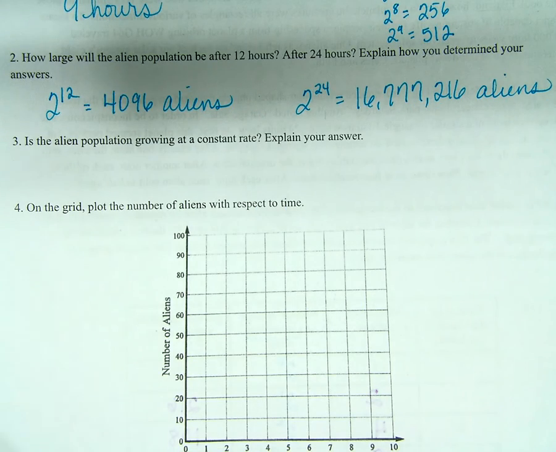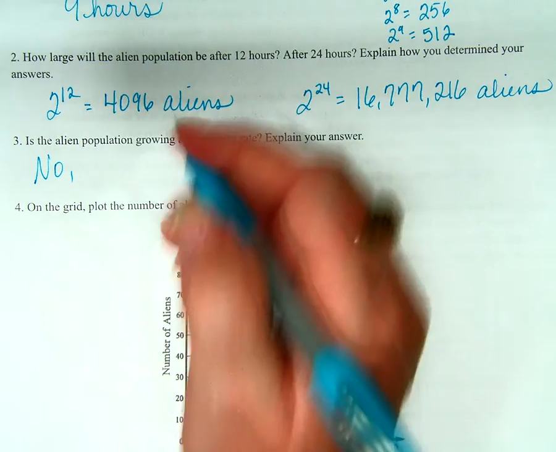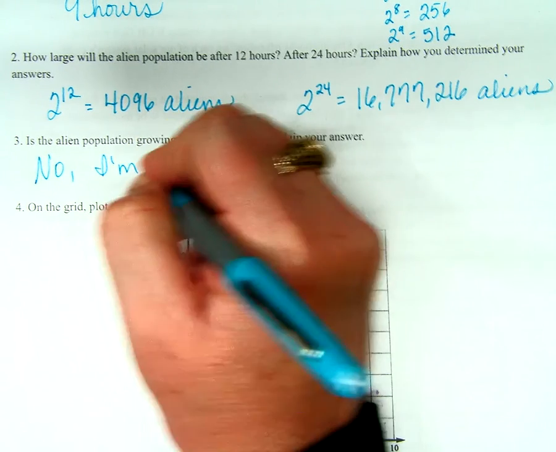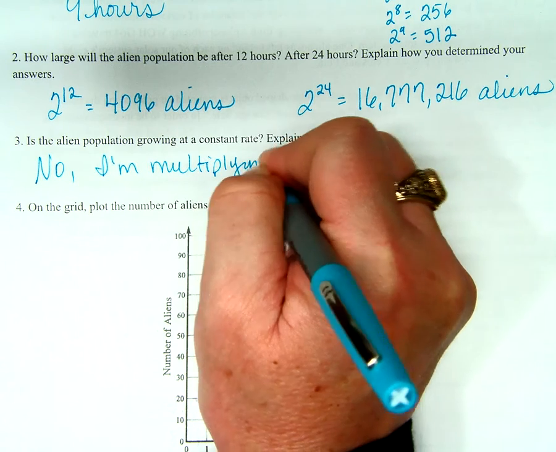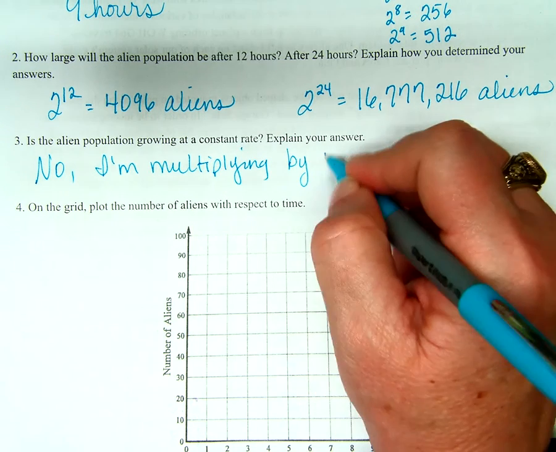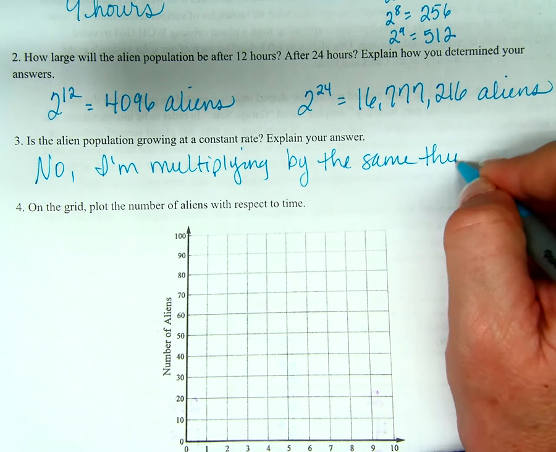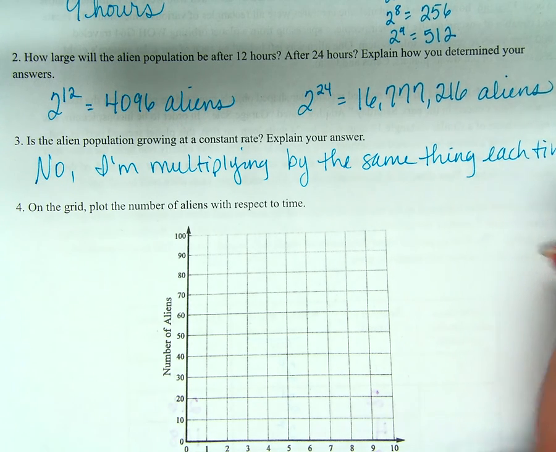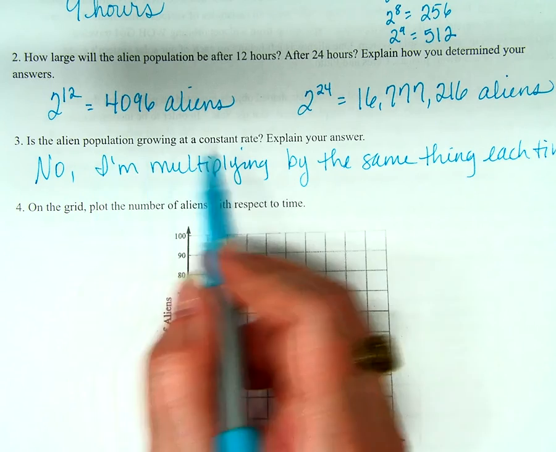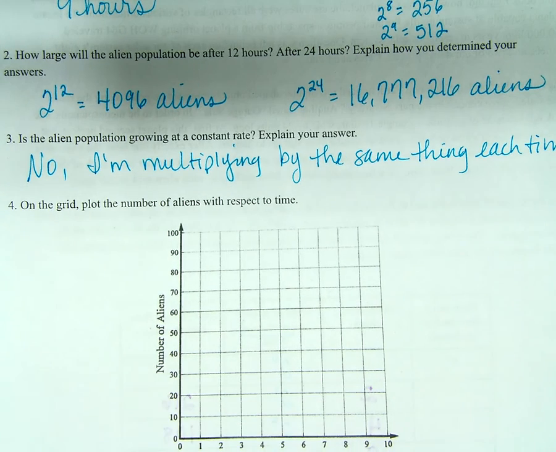No, it's not. Why is it not a constant change? I'm multiplying by the same thing each time. What would it have to be a constant rate if I'm adding something by the same thing or subtracting? Okay?